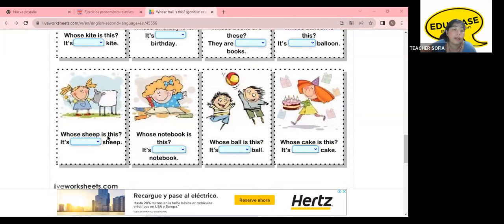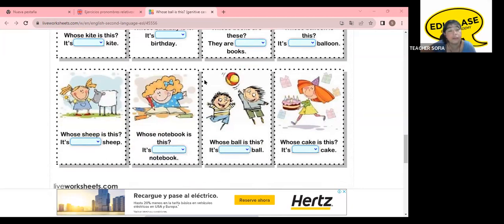Whose ship is this? Whose notebook is this? Whose ball is this? Whose cake is this? You see, it's a repetition. We just have here, between the W word and the verb, the object. What is it that I want to know the owner of?